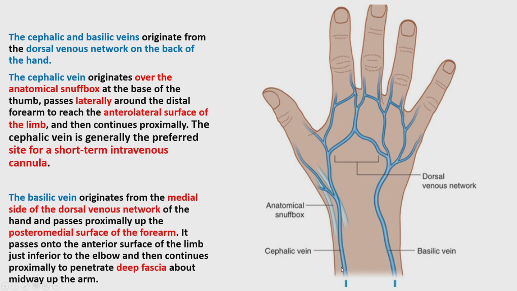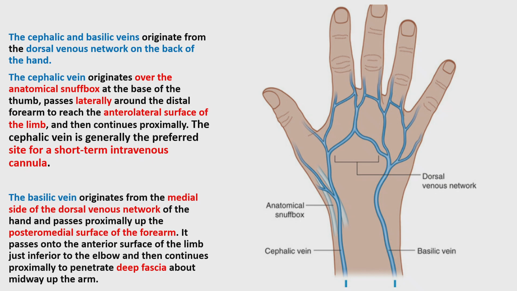The cephalic vein, we said, courses along the anterolateral aspect up to the axillary vein. The basilic comes from the medial side of the dorsal venous network, and then goes posteromedially. So the cephalic is on the anterolateral surface, and the basilic is on the posteromedial surface in the beginning.